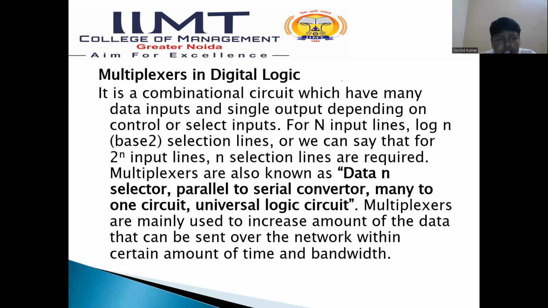Multiplexer in digital logic is a combinational circuit. We have many data inputs and a single output, depending on the control or select inputs.